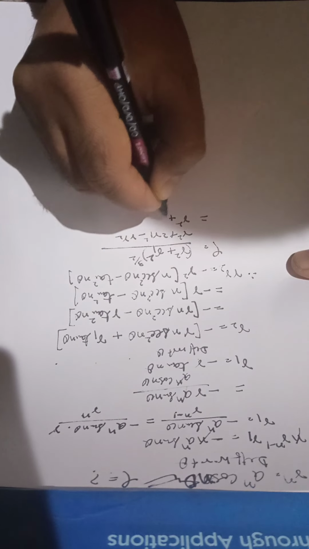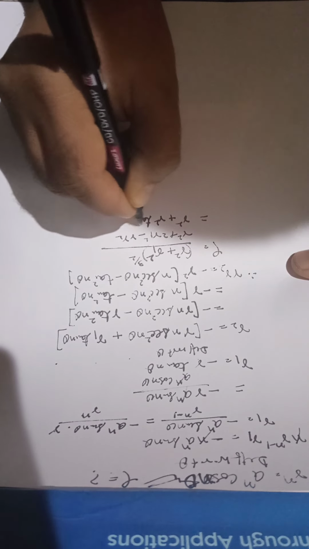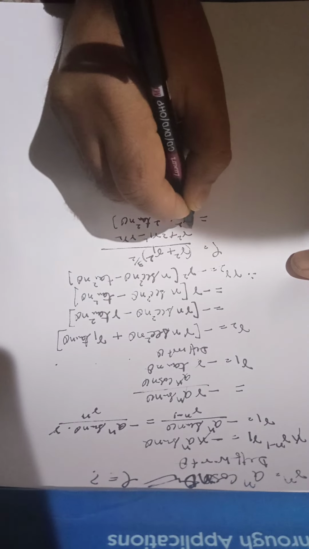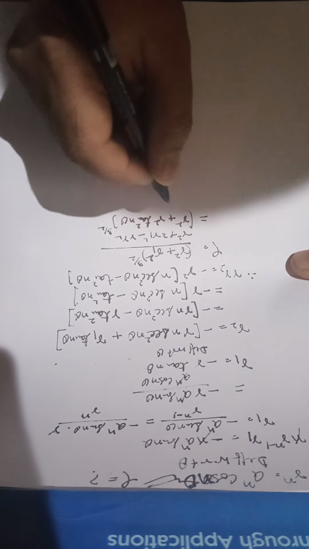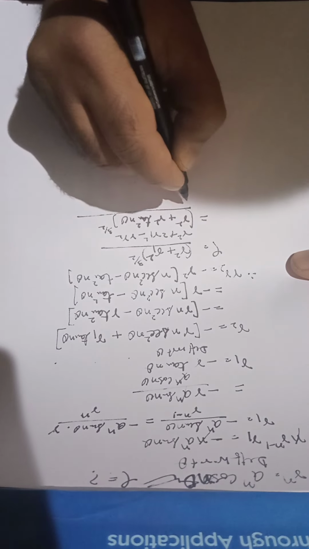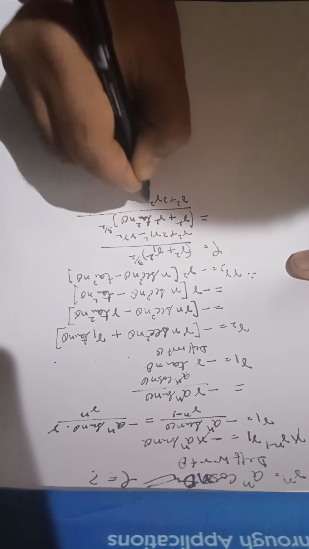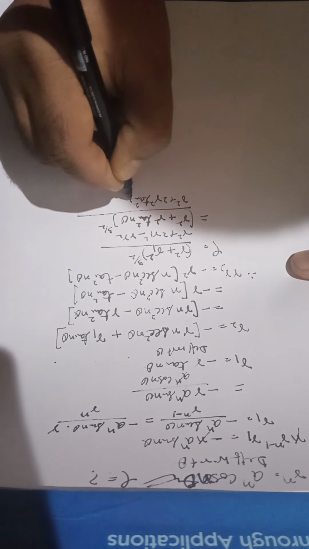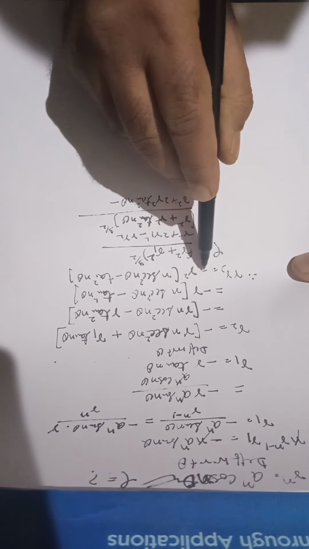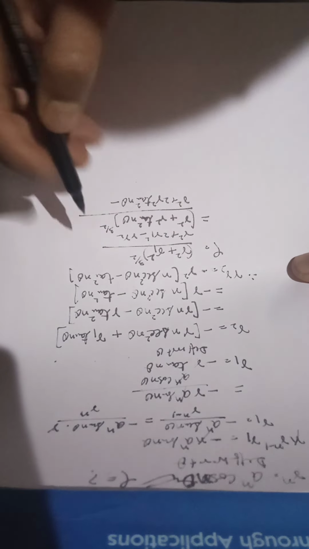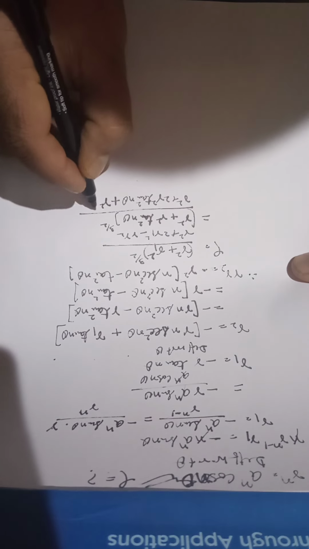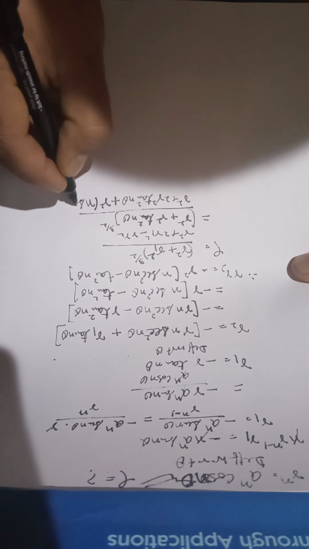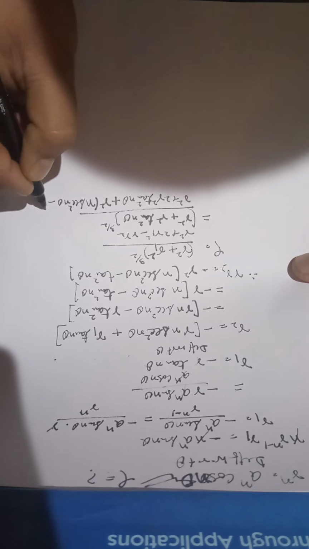So plus r square tan square n theta, whole raised power 3 by 2, divided by r square plus twice r1 square minus r r2. This is r r2, minus r r2 means minus minus plus, r square n secant square n theta minus tan square n theta. Fine.